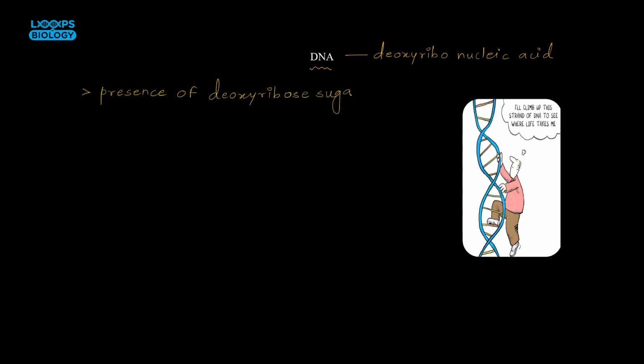That's why the nucleotides, which are nothing but the monomers inside DNA, are also deoxynucleotides. So everything is nothing but deoxy in the case of DNA. And this DNA is a stable nucleic acid.